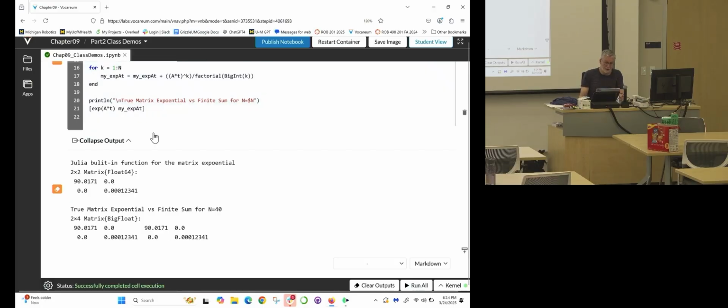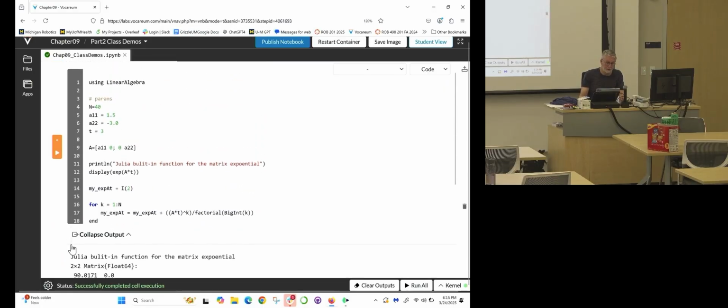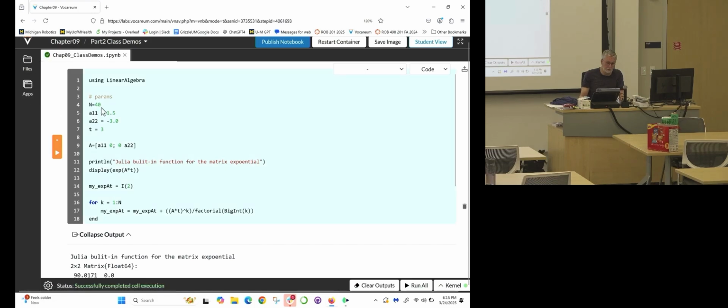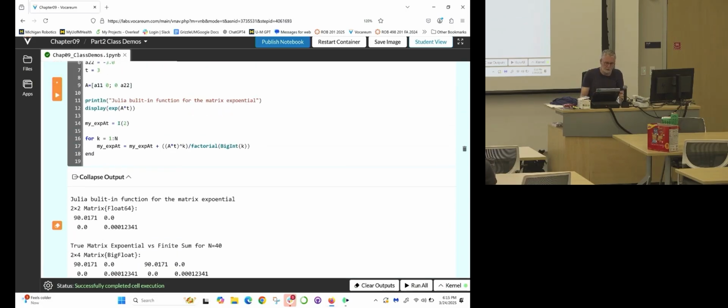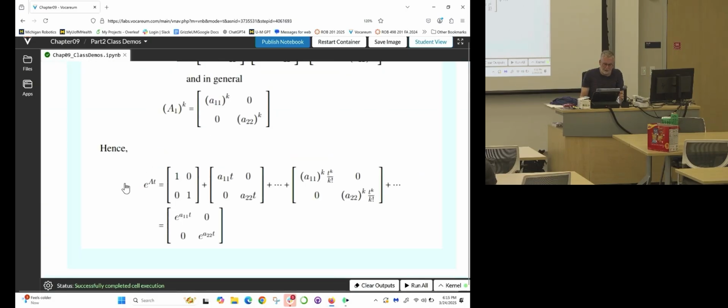Then I just did the power series, played around with it, and with n equals 40, I've got things matched out to 6 or 7 digits. So all Julia's doing is a very, very fast version of this. It's just doing the power series, just adding it all up.